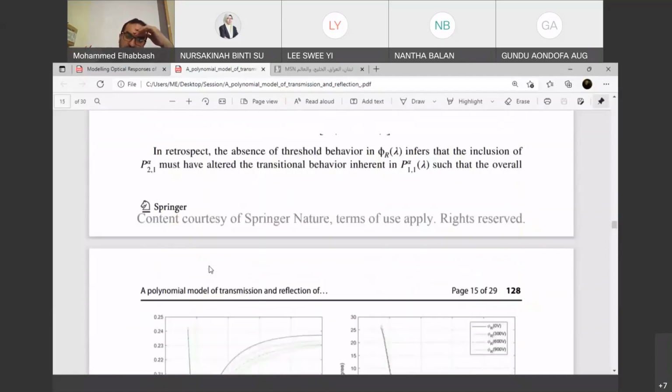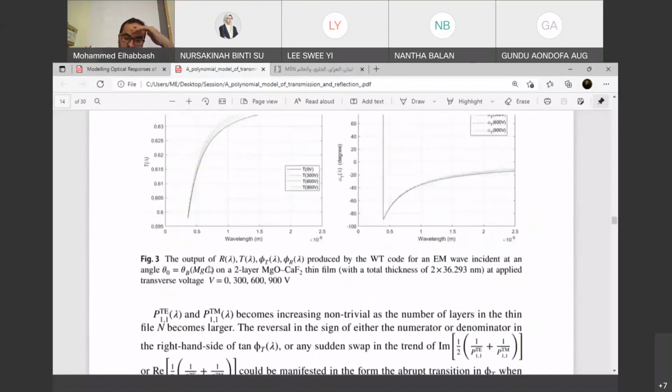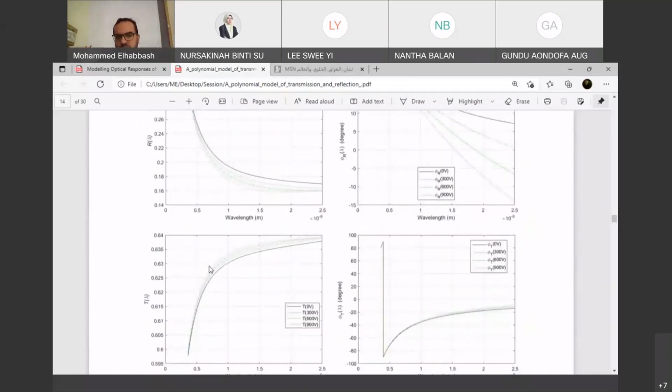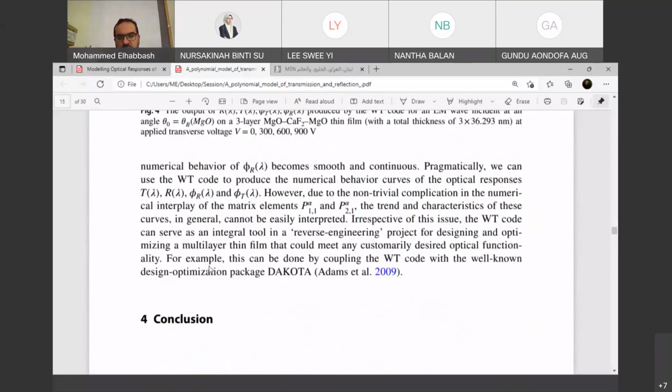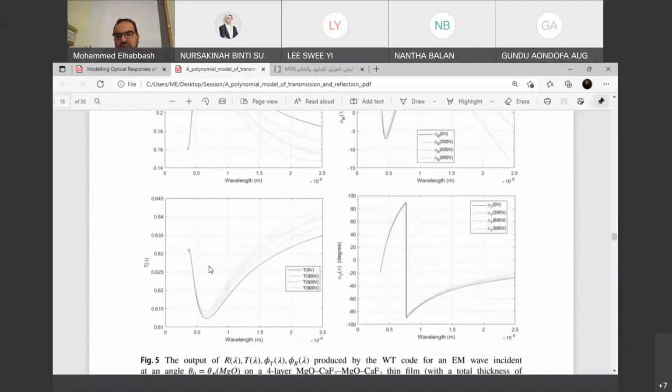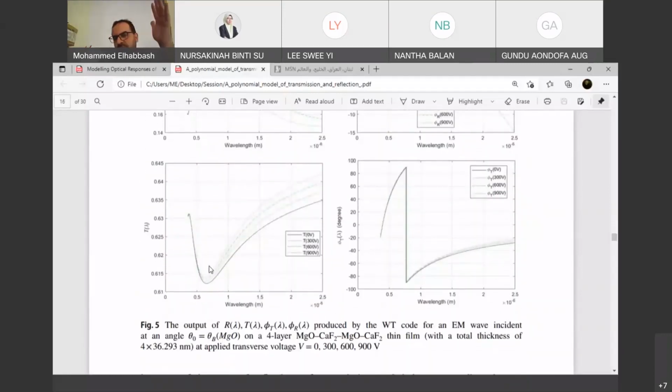And we will use the even number. I mean that this is for two layers, and for the 4 layers you can see it is also the same. So for an even number of layers there is one pattern, and for an odd number there is another pattern.